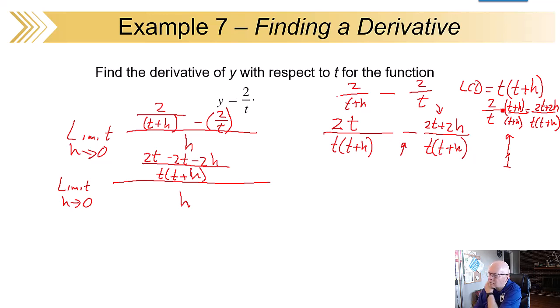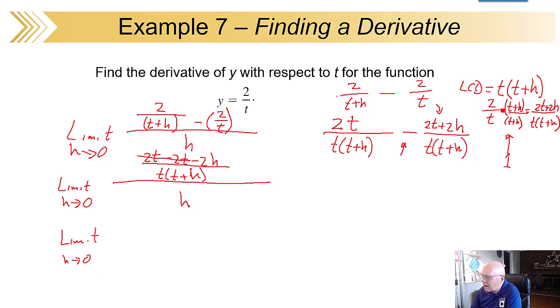All right. Now if you are following along, you've got the limit as h approaches 0. Notice on the top here, those first two terms give us 0.